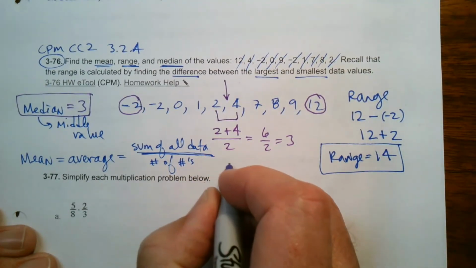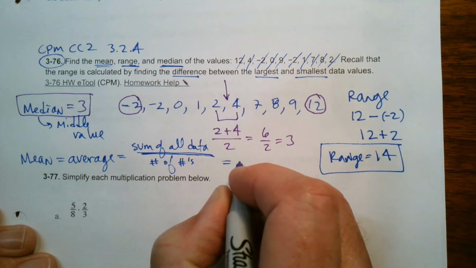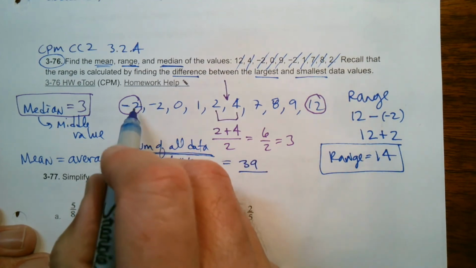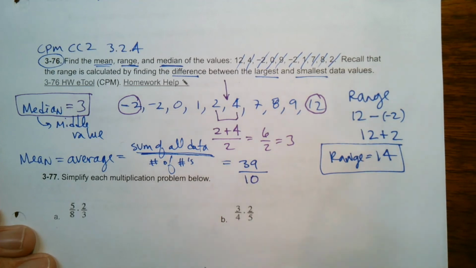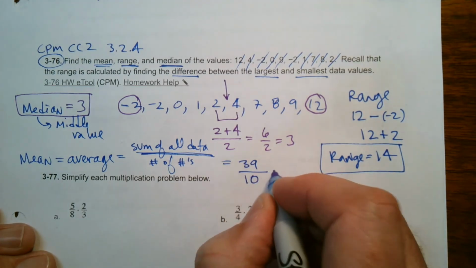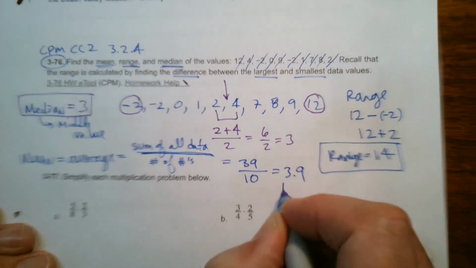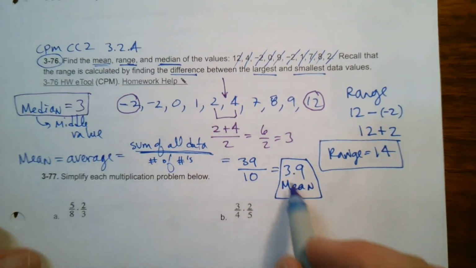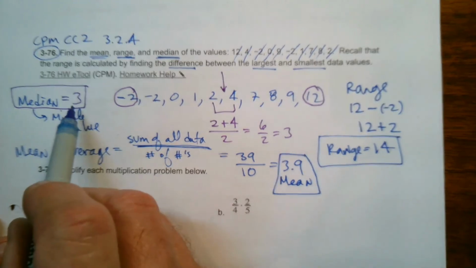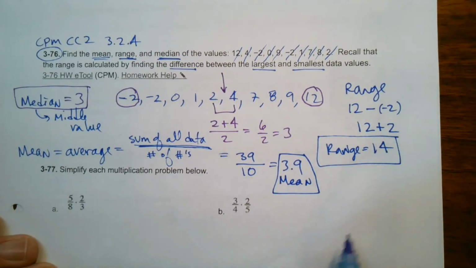So the sum for this problem is 39, and then I divide by 1, 2, 3, 4, 5, 6, 7, 8, 9, 10. Divide by 10. So 39 divided by 10 is 3.9. So that is the mean. My median is 3, and my range is 14. All right, there you go.